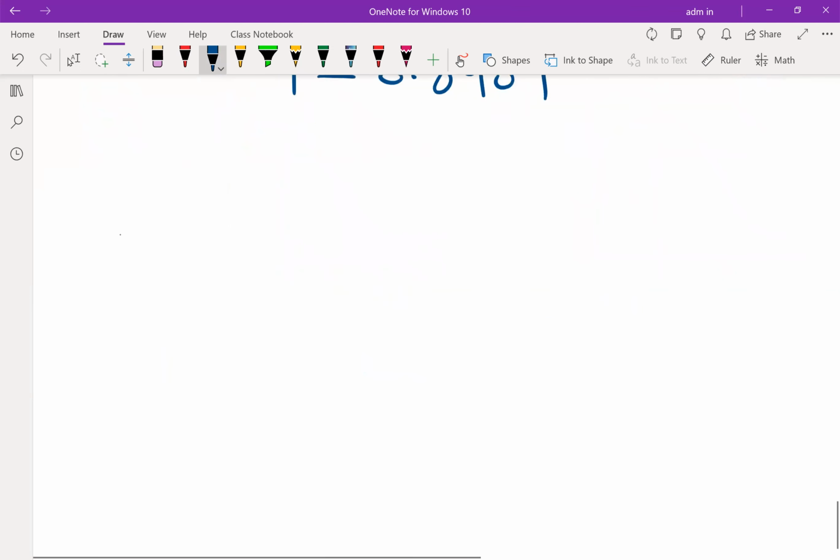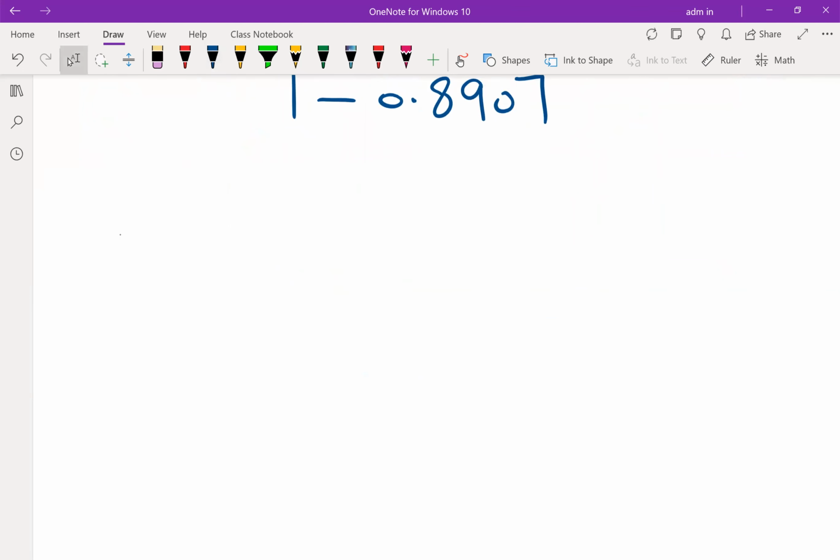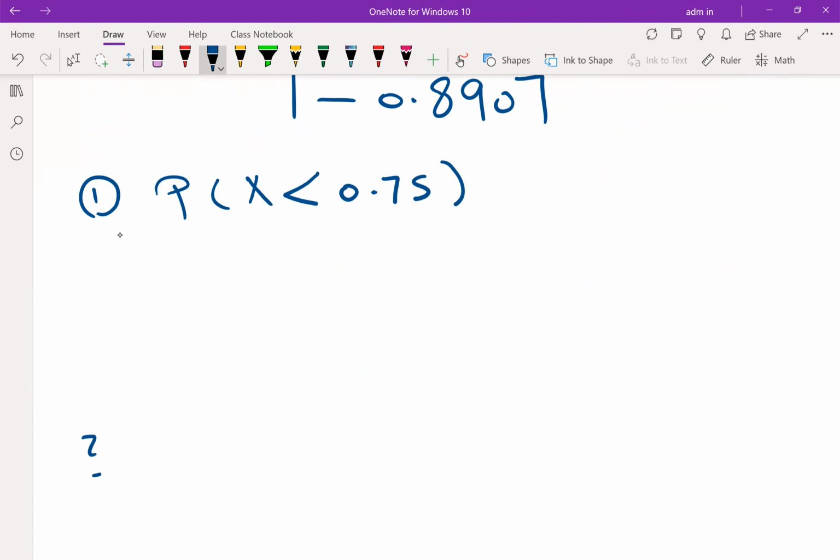I will give you 4 questions. Please use your table to find the area. Let's start. Number 1, probability of x less than 0.75. Number 2, probability of x greater than 0.555.